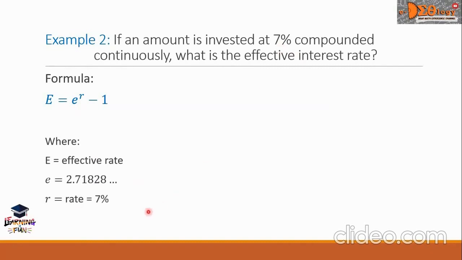Let us convert this 7% into decimal. We will divide the 7 by 100. Of course, we drop the percent sign, and the quotient is 0.07. Now, let us solve our effective interest rate. We copy again the formula here, then let us do the substitution.